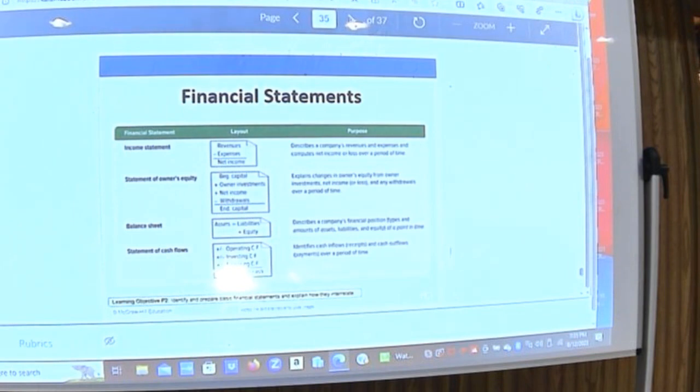Tells us what our financial position is, tells us what our assets, liabilities, and equity are at a particular point in time. And then the statement of cash flows. This is a really important statement that we don't spend a whole lot of time on traditionally, but it identifies what we spent and what we received. Okay, the cash that went out and the cash that came back to us over a particular period of time, and we segregate or categorize by operating, investing, and financing. We'll talk more about that a little bit later.